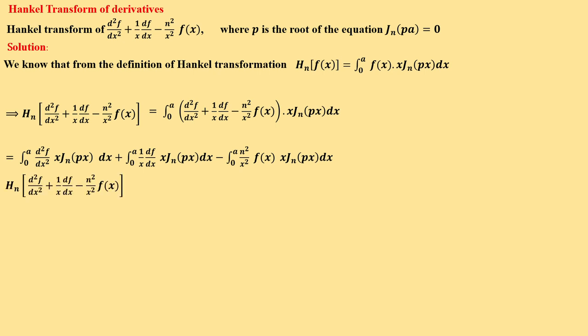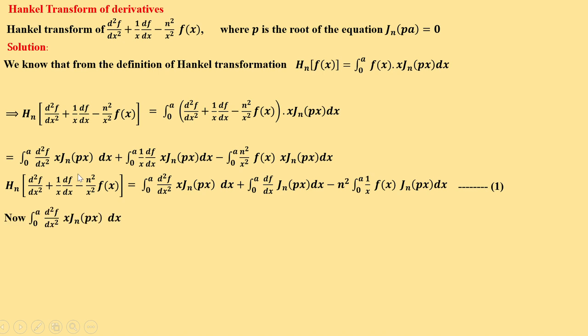So Hn of the expression is equal to the integral from 0 to a of d²f/dx² x Jn(px) dx plus the integral from 0 to a, where x in the numerator and x in the denominator cancel, so remaining df/dx Jn(px) dx, minus, here you are having x in the numerator and x² in the denominator, so one x will get cancelled. n² is constant, take it outside the integration, minus n² integral from 0 to a of (1/x) f(x) Jn(px) dx. That is equation number 1.